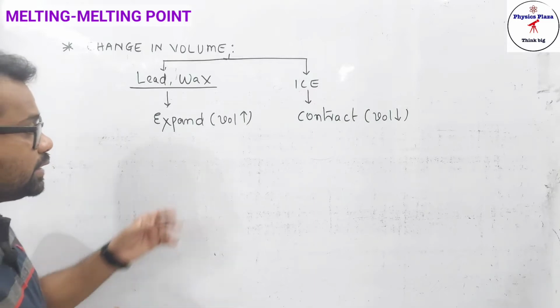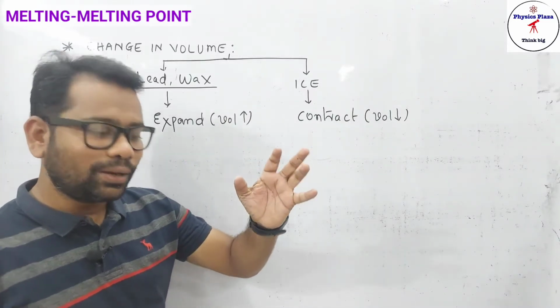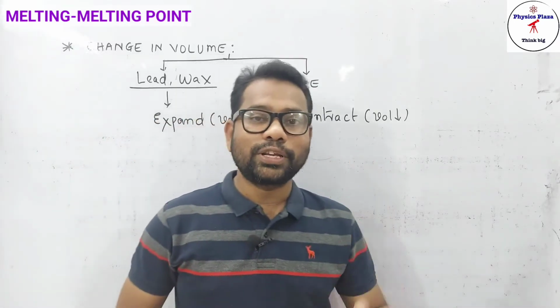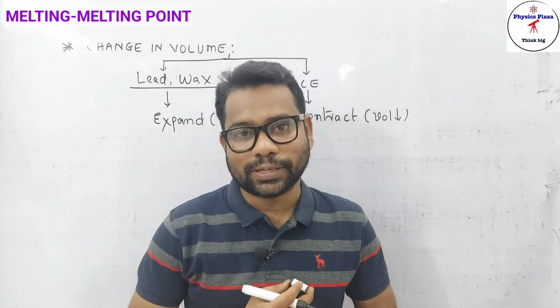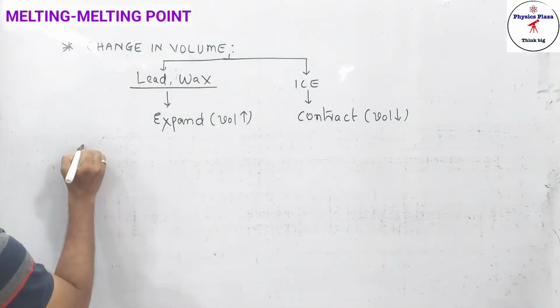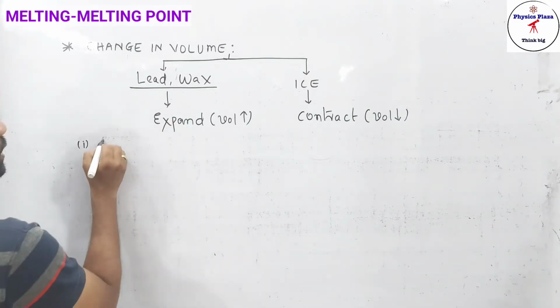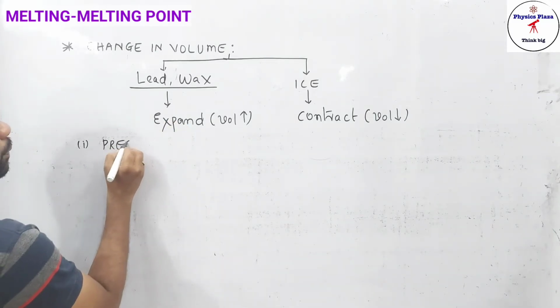Okay, fine. So this is important to understand. Why is it important? Then only we can understand the effect of pressure on the melting point of a substance. Now let us see the factors on which melting point depends. First one is pressure, children.